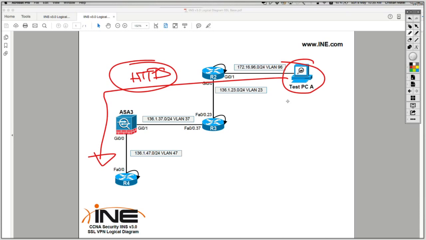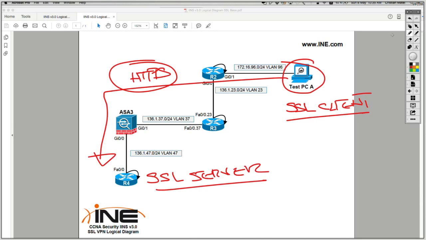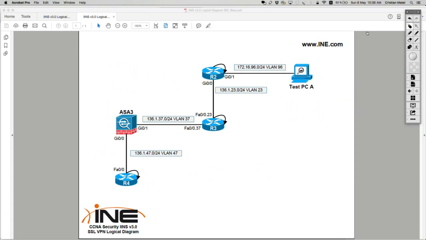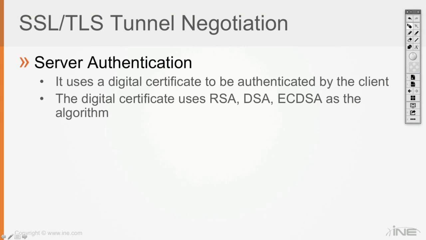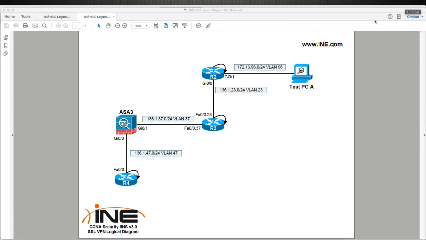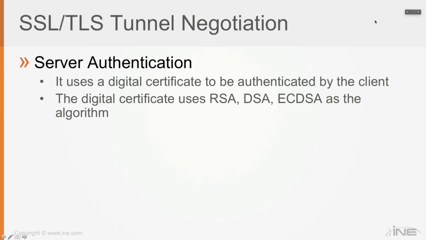In this process, test PC A is going to be called the SSL or TLS client, or the TCP client, of course, because that's going to be a TCP session. And router 4 is going to be called the SSL or TLS server. In most cases, the server has to be authenticated by the clients. The server, in general, is going to use a digital certificate to be authenticated by the clients.